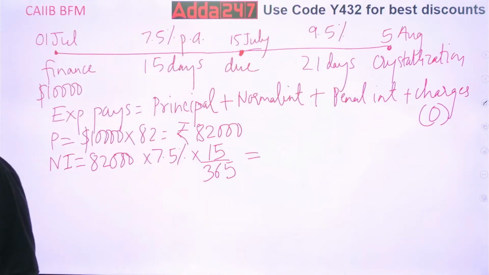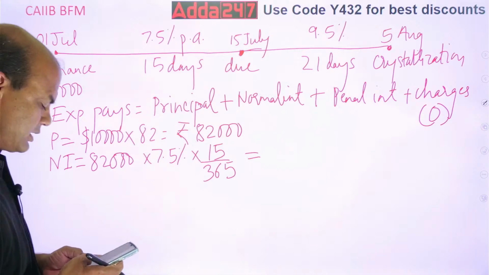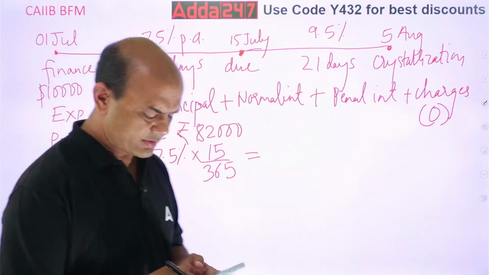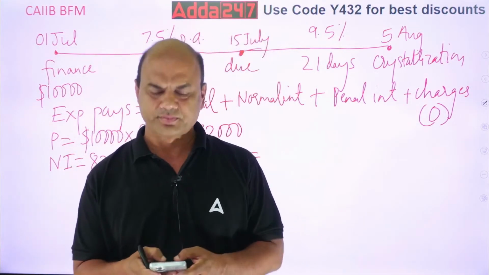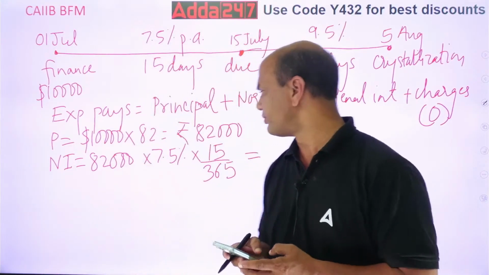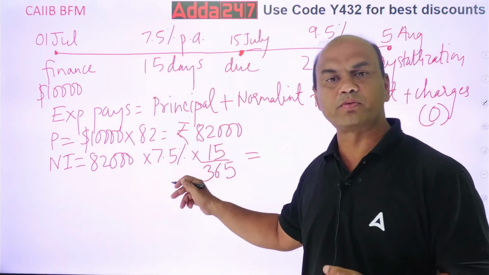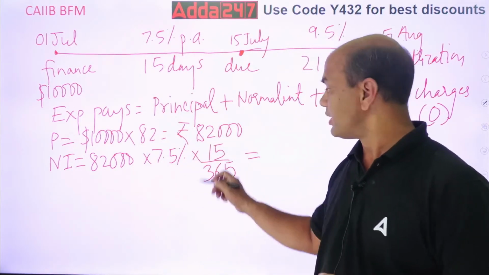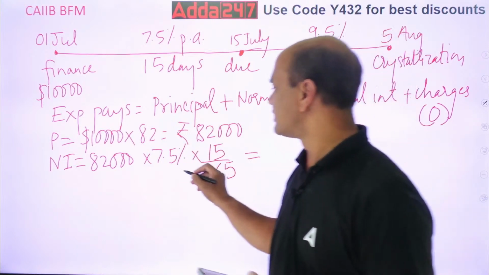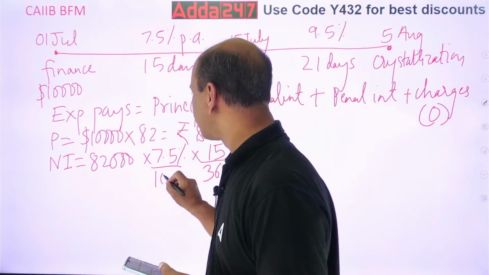This is the calculation of simple interest. Try it on the calculator, not orally. 82,000 into 7.5%. 7.5% means 7.5 divided by 100, so you can remove the percentage and mark 100 over here.